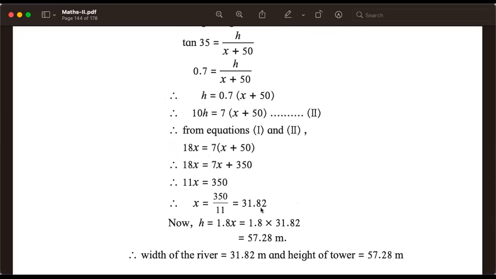Again, we have long left trigonometry behind. When we take this 7x to the left hand side, it becomes 18x minus 7x, which is 11x. When we bring this 11 from left to right, 350 divided by 11, which is 31.82. So we got x, that is the width of the river.